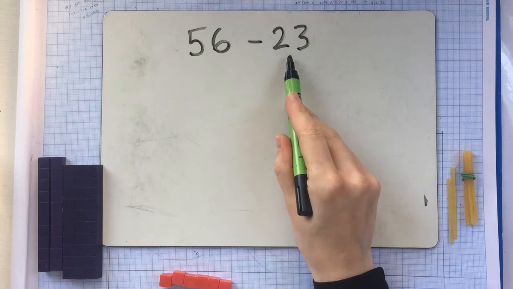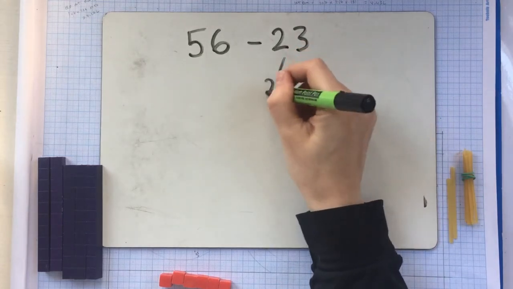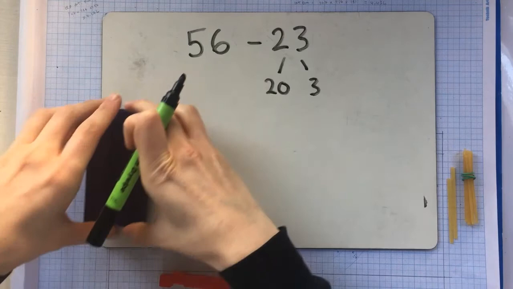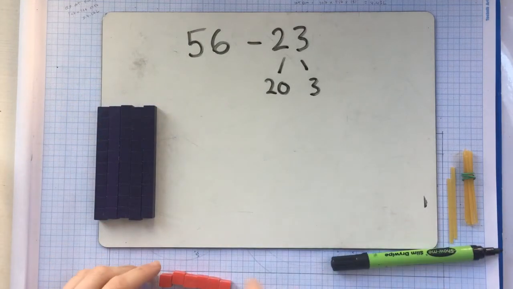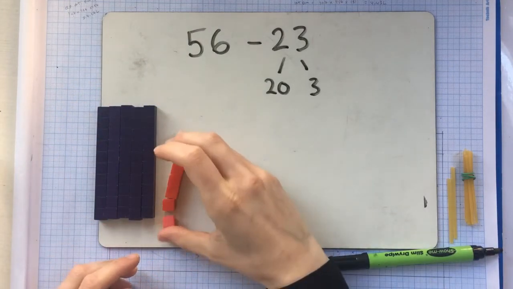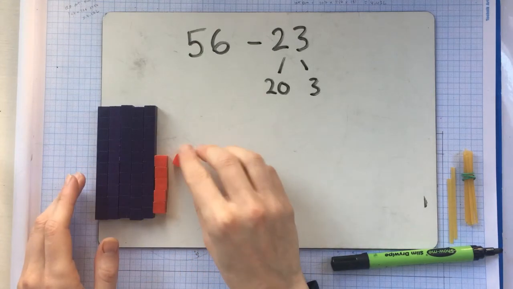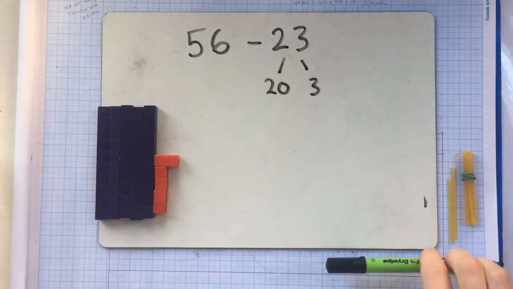So to subtract 23, we can subtract 20 and then subtract 3. So if we get our 56 alongside, again, to demonstrate this, and again, your children might not need to use any resources to help them.